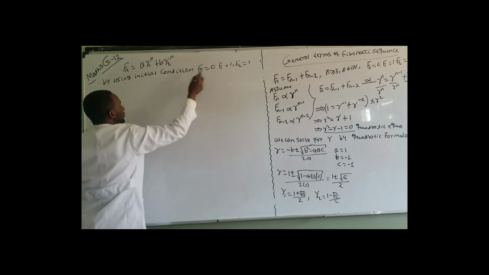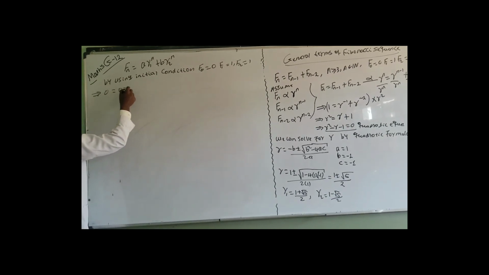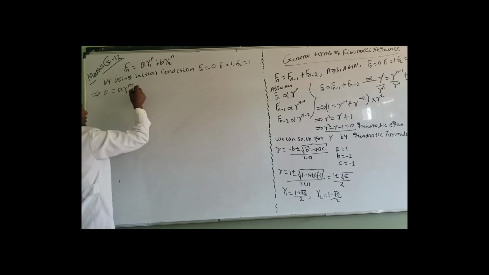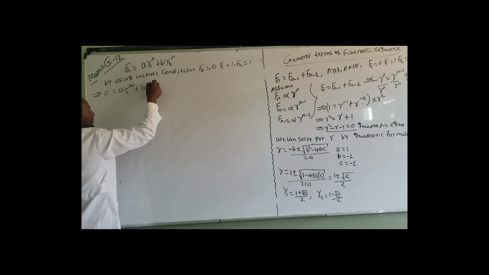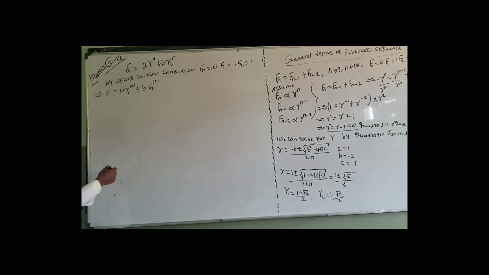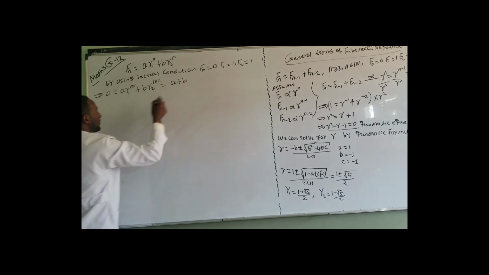This implies that by f0 equal to 0, 0 is equal to a times r1 to the power of 0 plus b times r2 to the power of 0, which is equal to a plus b.